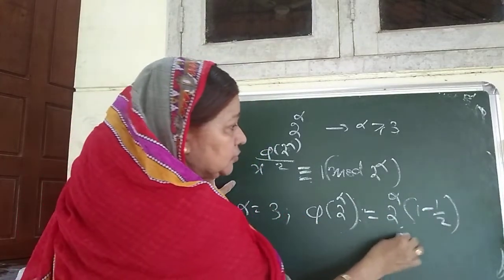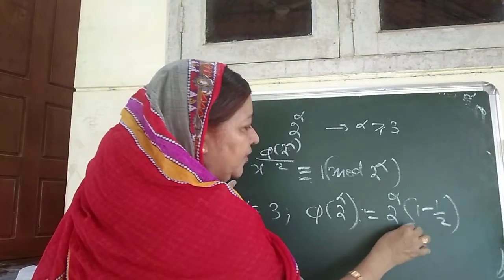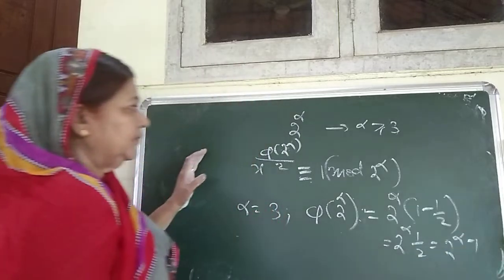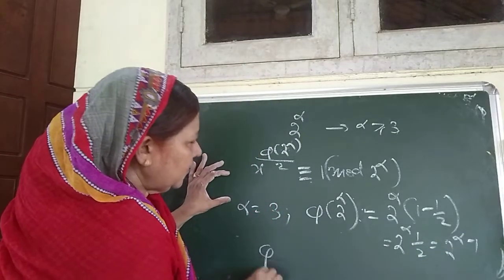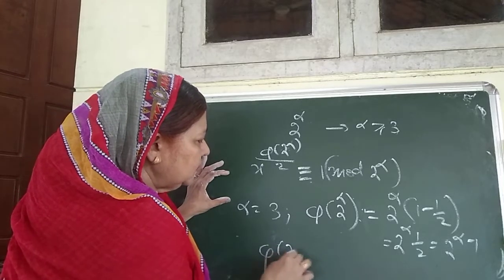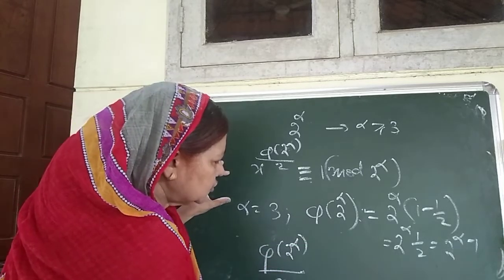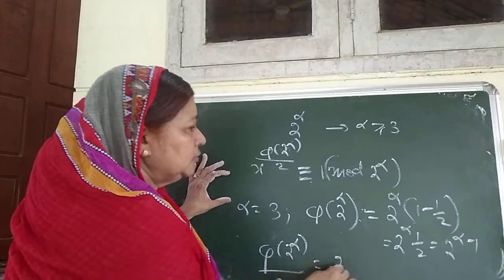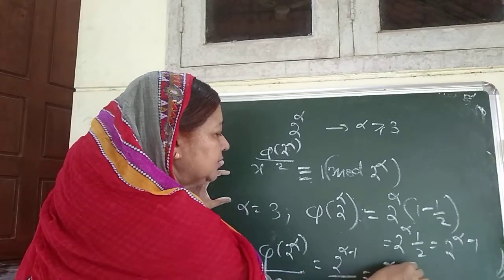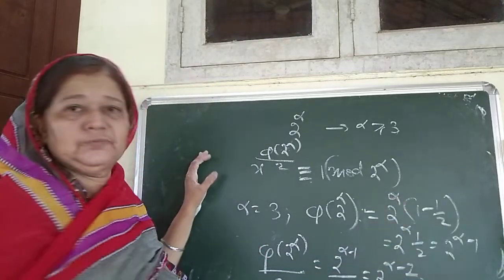That is equal to 2 raised to alpha into 1 by 2. That is 2 raised to alpha minus 1. Therefore, φ(2 raised to alpha) by 2 equals 2 raised to alpha minus 1 by 2 equals 2 raised to alpha minus 2.